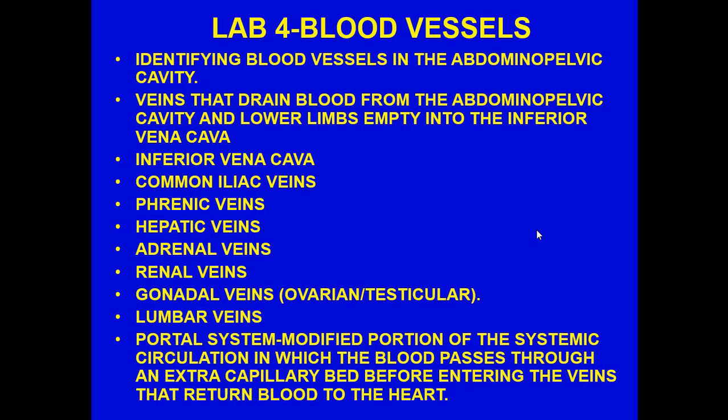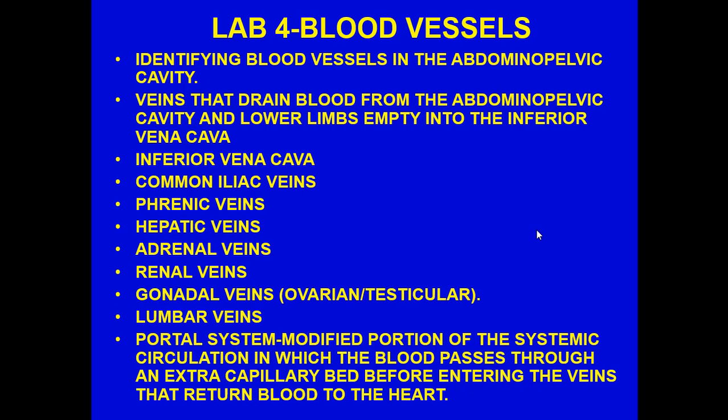The portal system is a modified portion of the systemic circulation in which blood passes through a second capillary bed before it enters the veins that return blood to the heart. What we really have is this. You have a capillary bed in the intestine.